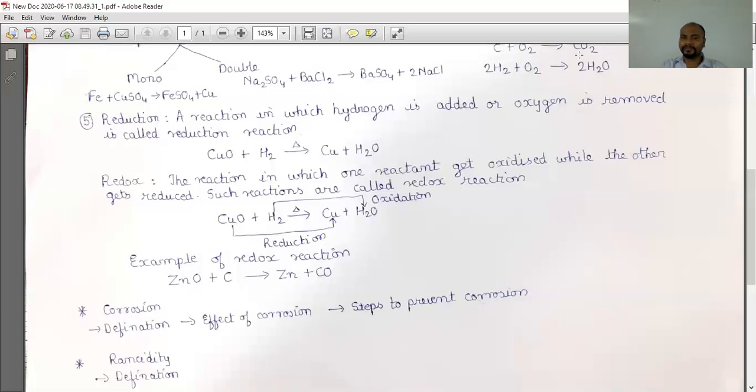What are the effects of corrosion? We are able to see a lot of damage being created on car bodies, railway tracks, bridges, and other materials which are made up of metal.